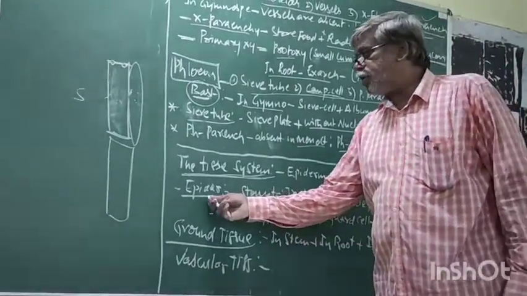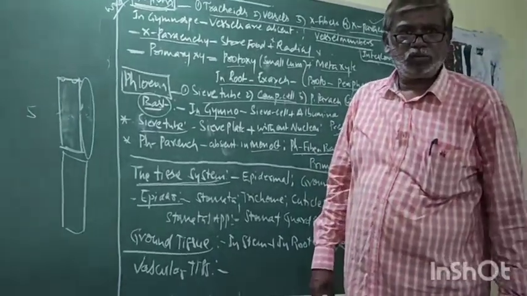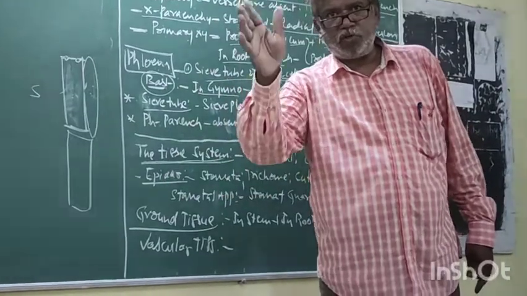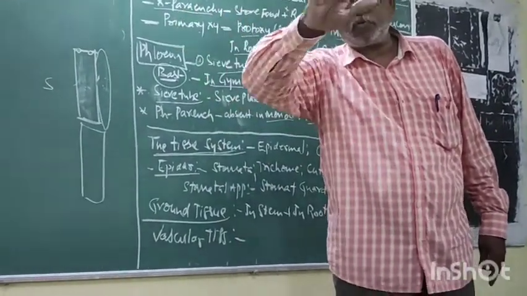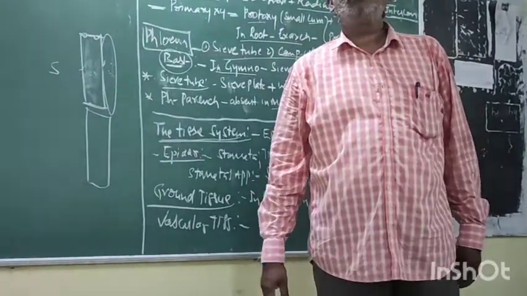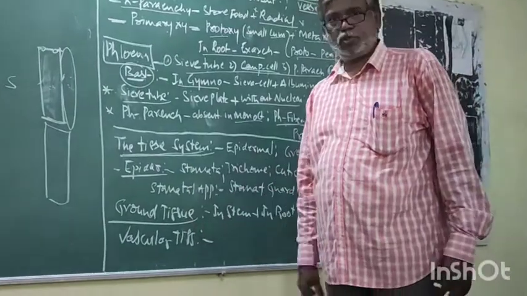Now, what is epidermal tissue? All the external surfaces of the plant, the surface of fruit, stem, branch, leaf, flower, all the surface of the plant body is epidermis.